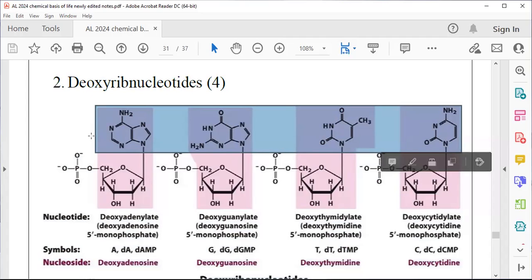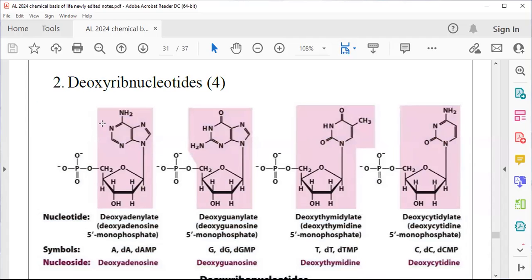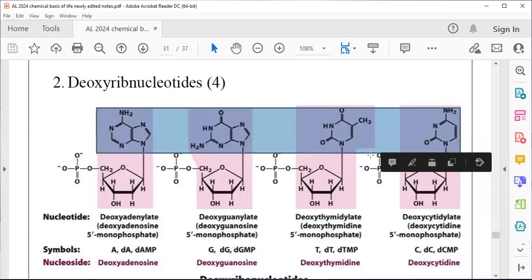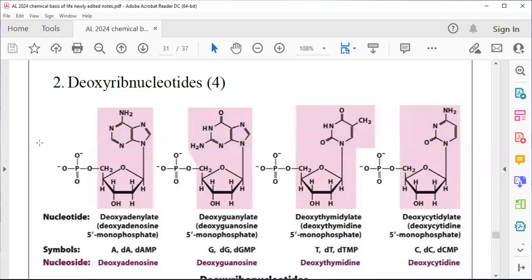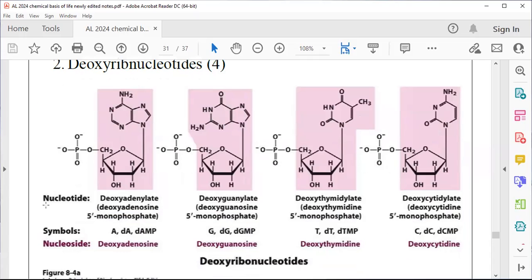Deoxyadenosine, deoxyguanosine. No. The nitrogen bases possible. That's all I asked. Adenine, guanine, thymine, cytosine. Don't try to read what is there. Okay. Understood? Yes. Right.